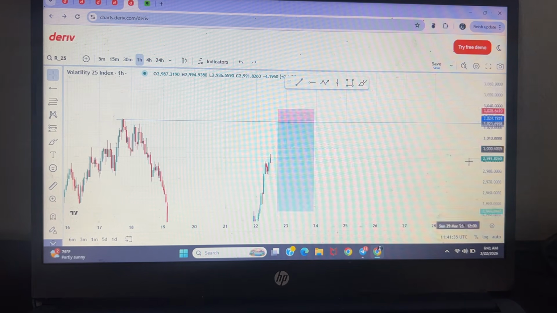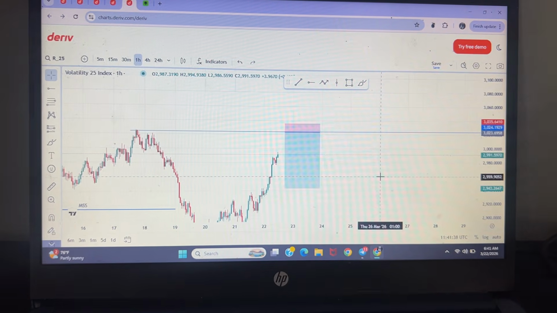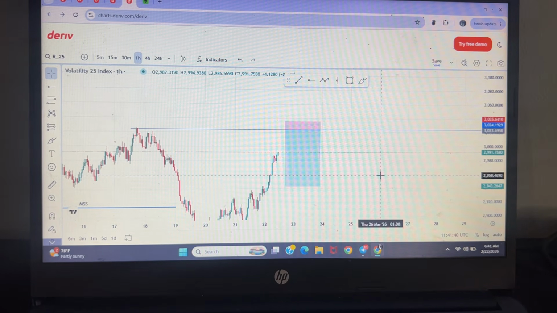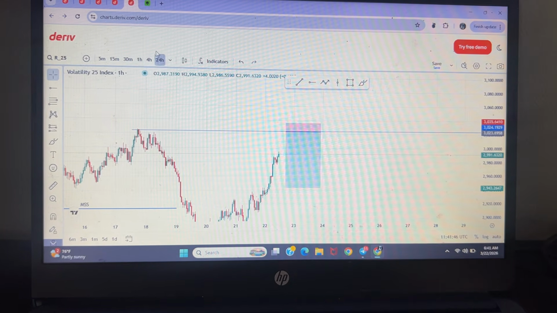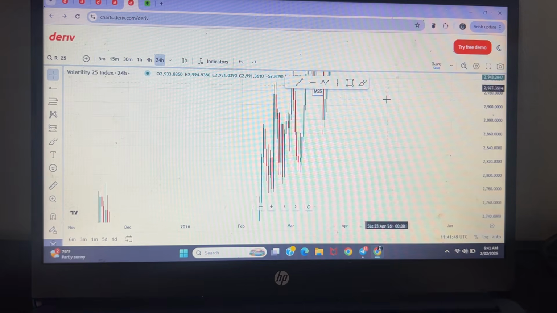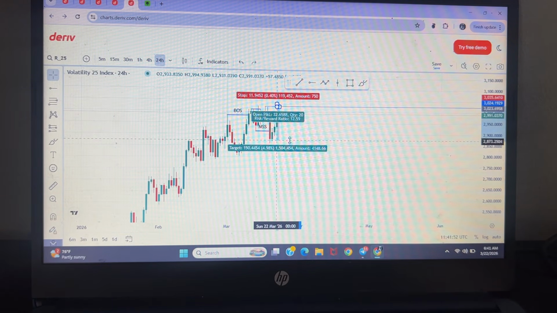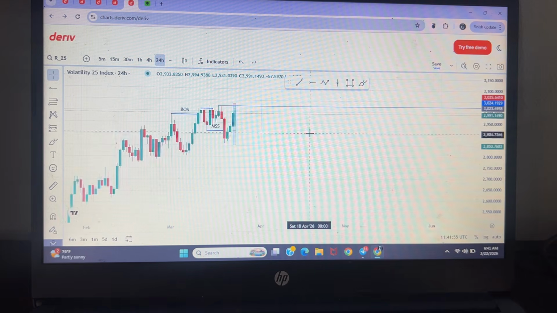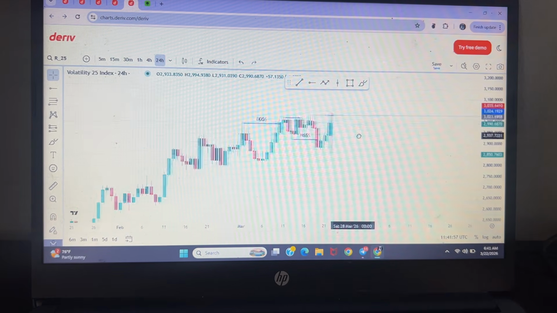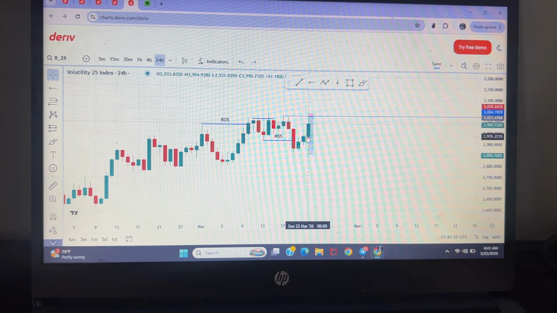If you want to be a swing trader, you can target the recent low on the market, even on the daily time frame. You can target the recent low, like right here, and that would be a 1 to 14. It's simple as that.